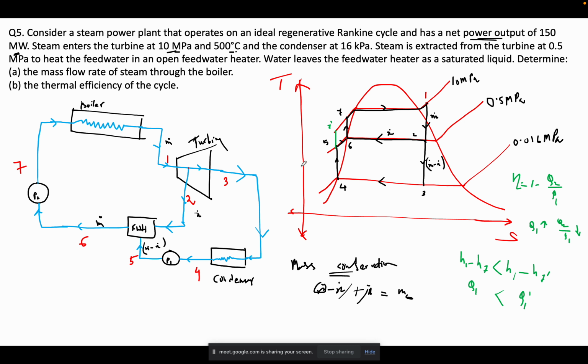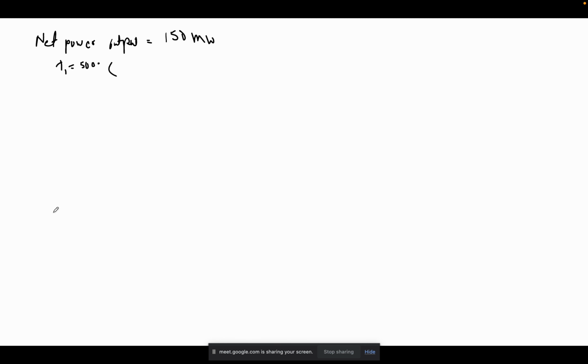Now, at 500 degrees Celsius and 10 megapascal, what I know, H is equal to 3375.1 kilojoule per kg, okay, and S is 6.5995 kilojoule per kg Kelvin.